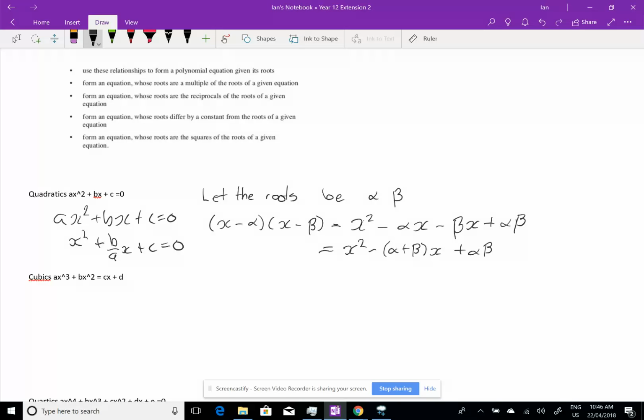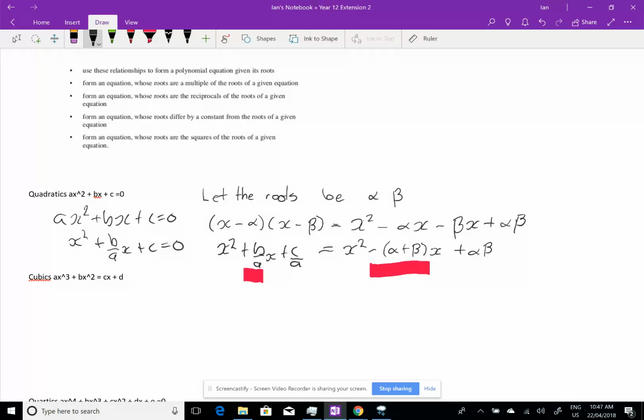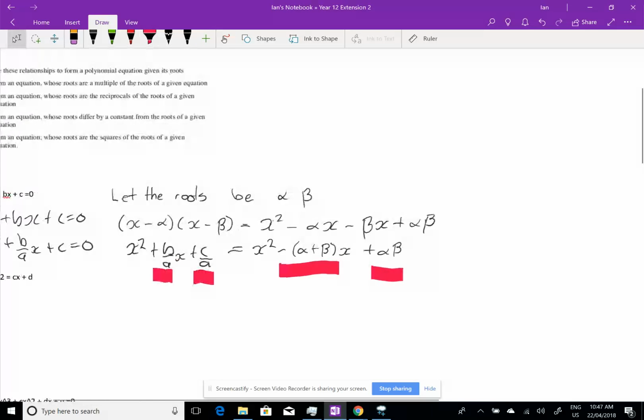Now, we know these two things are the same, so we can equate the coefficients. So b on a equals minus the sum of the roots, and c on a is the product of the roots, and that's where it all stems from.